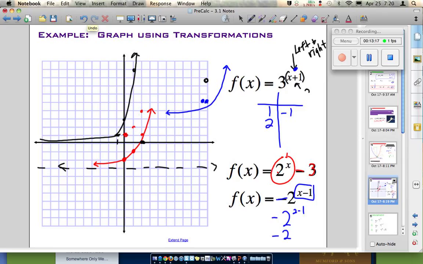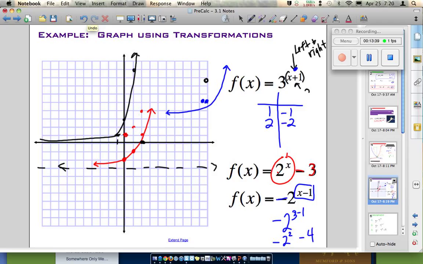It would give me an answer of -2. So this flip would actually be around the x-axis. And if I plug in 3, I would get the second power, which would be -4.